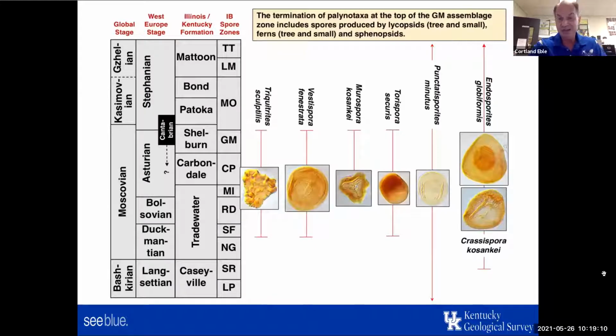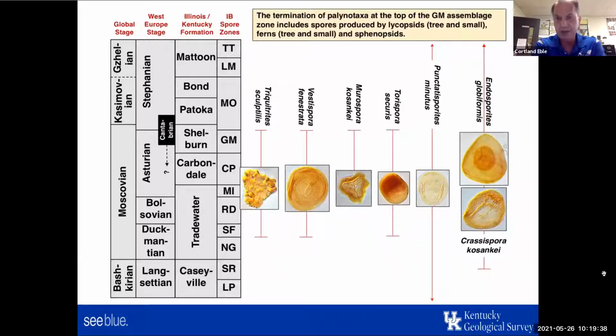And it's not just the lycopods. We see ferns, Triquitrites, Microspora, we see calamites, Vestispora, and then even tree ferns, Torispora securis, bang, that goes, along with some other ones. But we do see the continuation of other spore types.